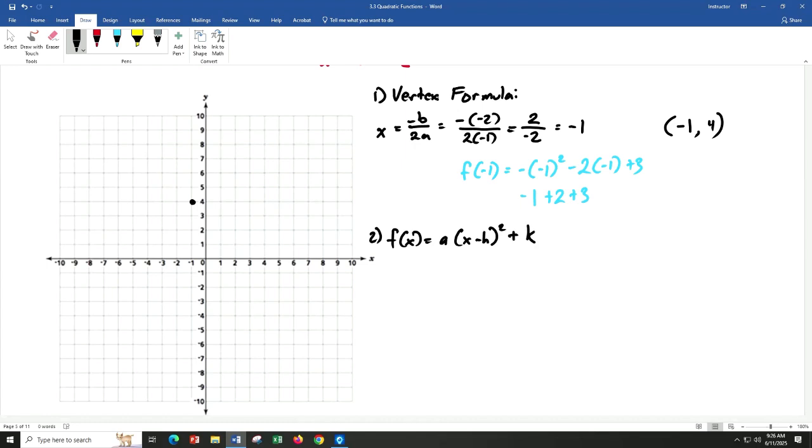Okay, I have this function right here. This function says negative x squared minus 2x plus 3. You cannot have that negative out front. Are you with me on this? So the first thing I'm going to do is pull that negative out.